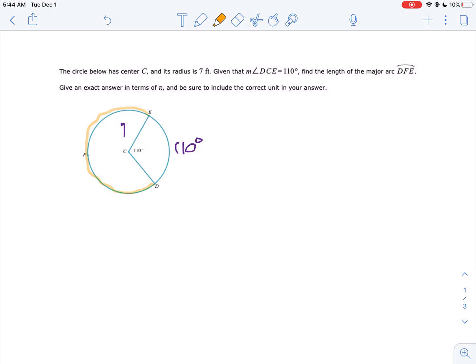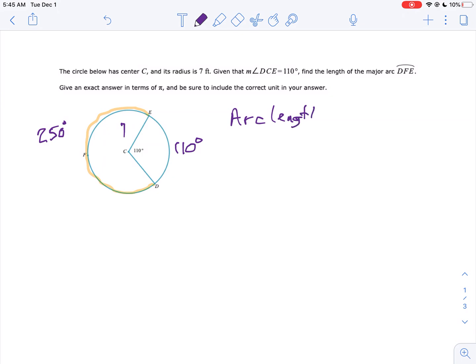Well, if there's 360 degrees in a circle, that makes this arc 250 degrees. To find the arc length, we know the circumference, or the arc length, circumference is different. We're going to find the arc length.